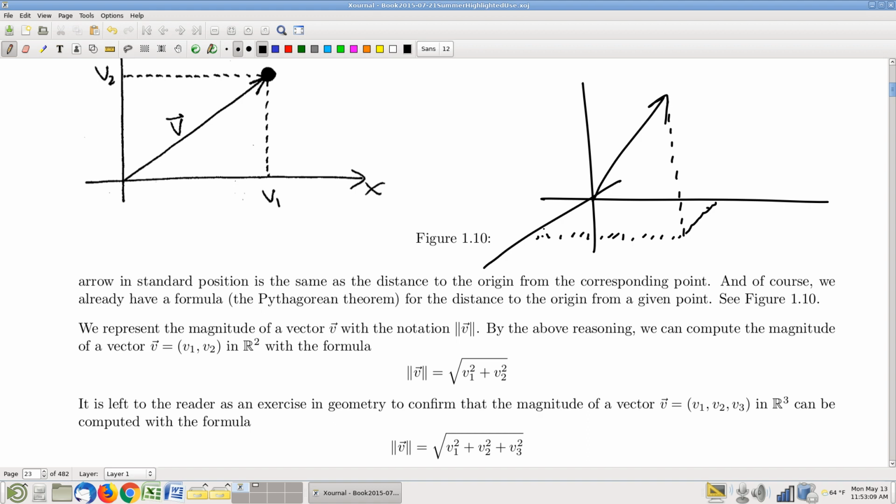How would you relate the magnitude of that vector to the coordinates? The coordinates would be like that, and that. And notice this does not make a triangle. So how do you get your hands on the relationship between the green coordinates and the blue magnitude?